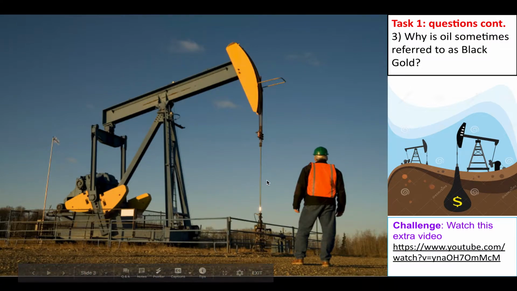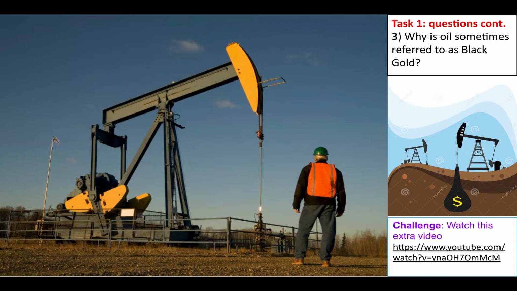And our third question for task 1 is just, why might we sometimes call oil black gold? Why is it that we sometimes call it black gold? Well, the answer to that, I hope, is reasonably obvious. Oil is a very, very profitable business to be in.